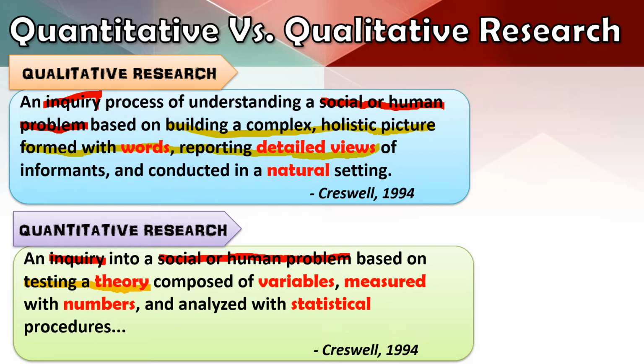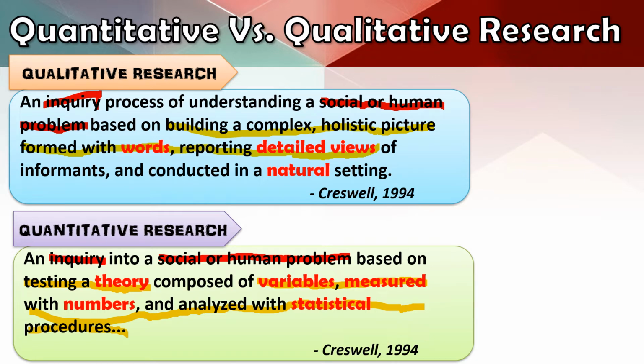If we need words in qualitative research, therefore, words would refer to the opinions and perspectives and ideas of our respondents. Unlike with quantitative research, which uses variables measured with numbers and analyzed with statistical procedures. So here, quantitative research is more on numbers, more on figures, more on variables and statistics.